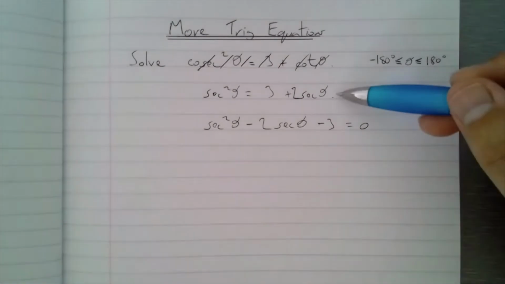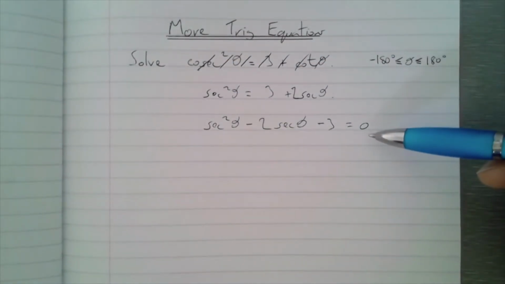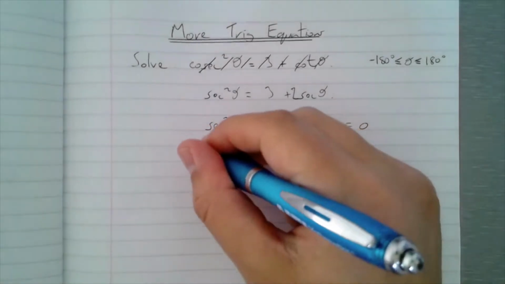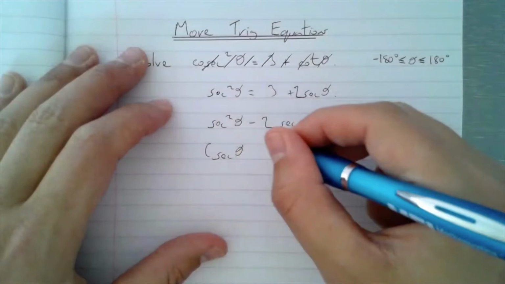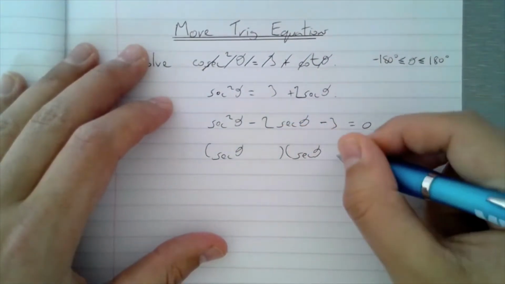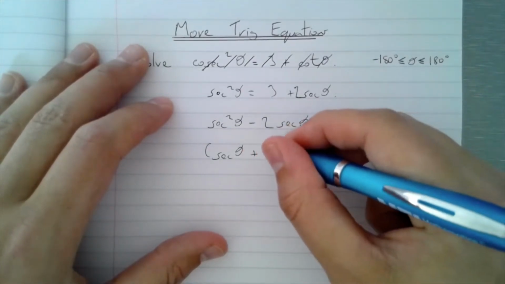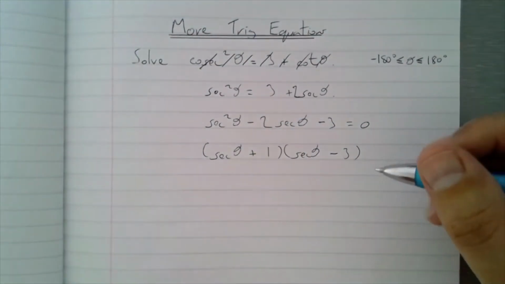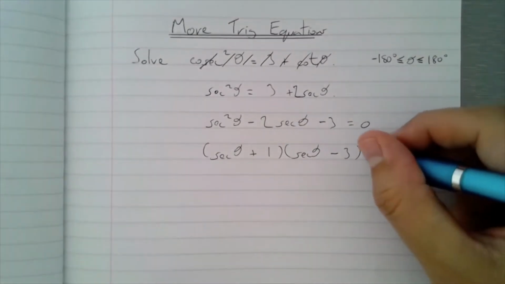So from this original question of solving this in that range, I can rearrange this into a quadratic, and that will give me sec theta if I factorise this. I need to get a minus 3, and 3 is prime, so it's either plus 1 and minus 3 or the other way around. In this case, because this is a minus 2, this has to be a minus 3 equals 0.